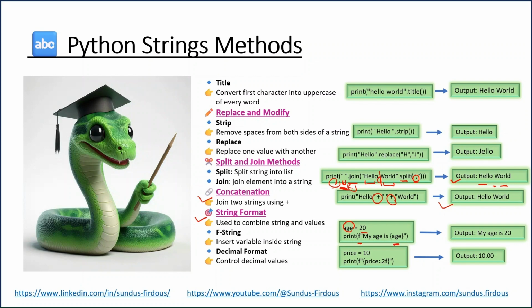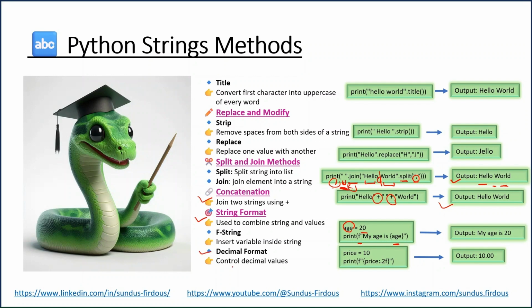I do not want to hard code it, so I am using a variable. If I want to change my age, I will change it from here only and it will be reflected when I print it out. So this is how I can use an f-string, using my variable name directly, and whenever I change the value, the output changes accordingly.